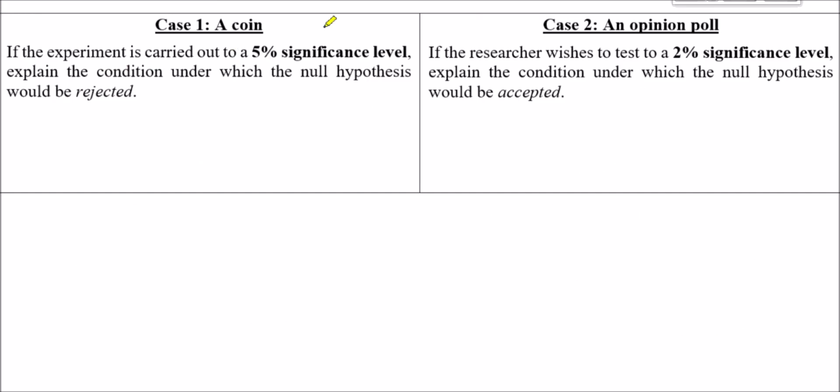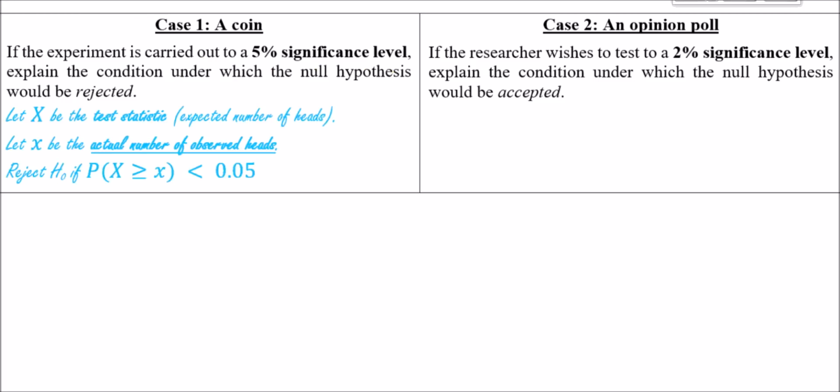So again, case 1 and case 2. If the experiment is carried out to 5% significance level for the coin, what conditions would happen where the null hypothesis would be rejected? Okay, so for this case, if we let X be the test statistic, the expected number of heads, and little x be the actual number of observed heads that came out for any particular experiment, we'd reject H0 if the probability of the test statistic being equal to or more than that number of heads was less than 5%.